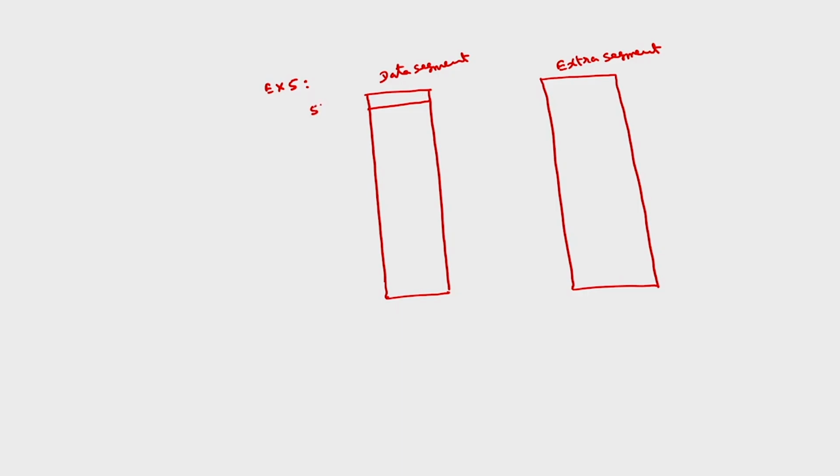The starting address is say 50000H, 64 kilobytes, 5FFFFH. The next address itself, 60000H, is the extra segment, and this is 6FFFFH.